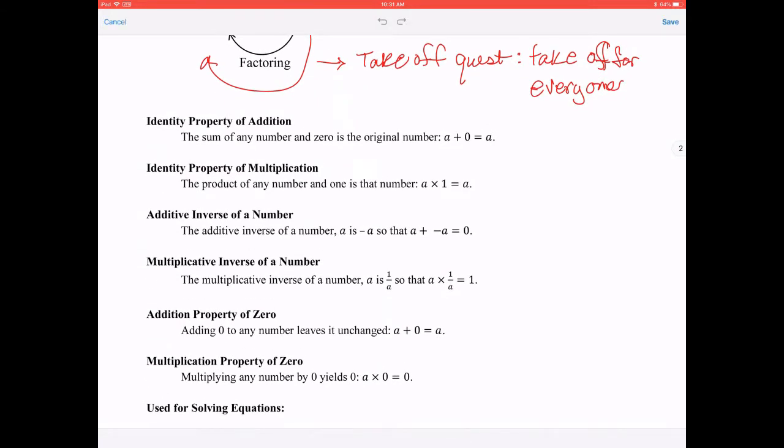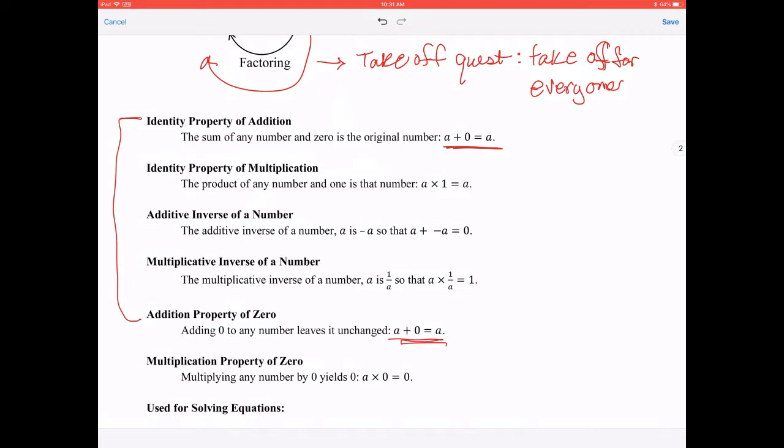Okay, so now the next few properties that we're going to talk about are the little properties that we all know that we have, which is the identity property, and it actually has two little things. So we have the identity property of addition, which means that we have a 0, but that's also the same thing as the addition property of 0.